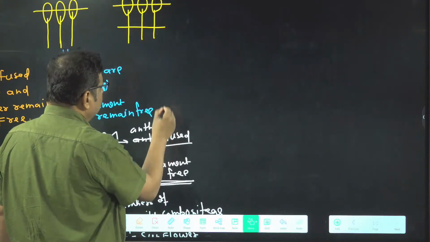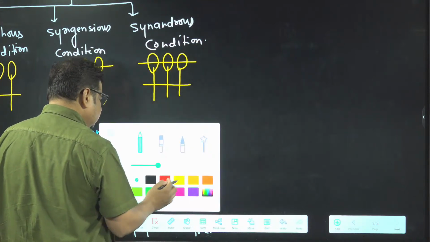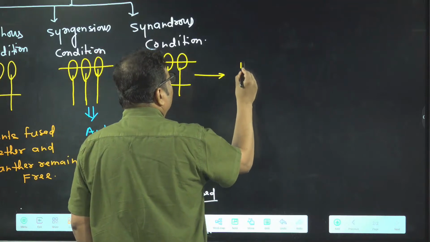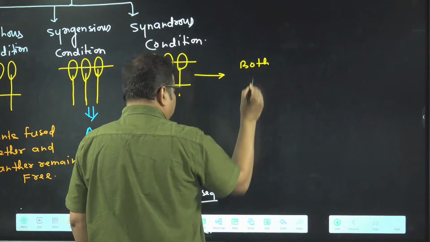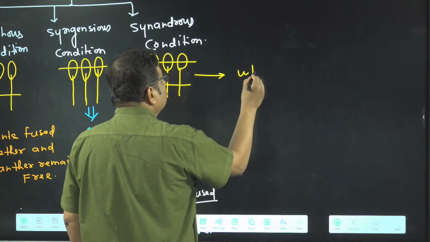Now we are going to deal with the third type, synandrous condition. So what is this synandrous condition?